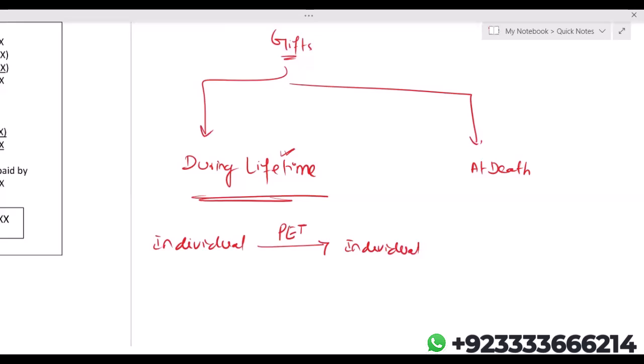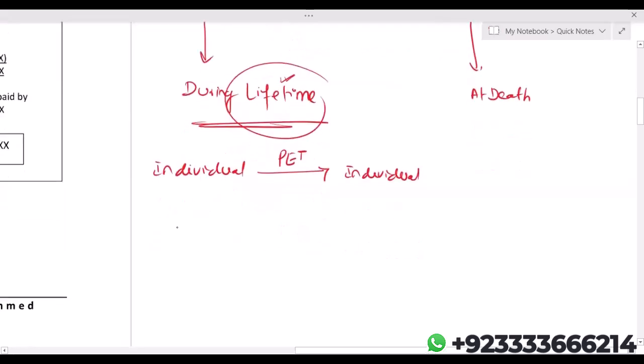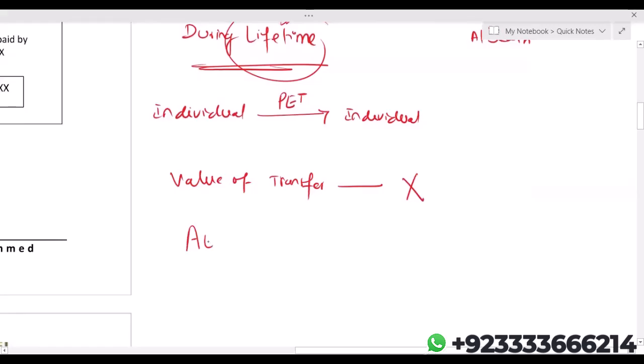Now, in case of a PET, there is no lifetime tax. Number one, there is no lifetime tax. Number two, how a PET actually works. For example, we have calculated the value of transfer. From that value of transfer, you will deduct the annual exempt amount for the current year, which is 3,000.